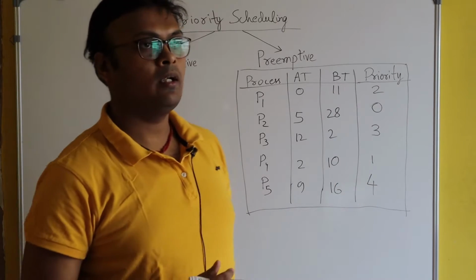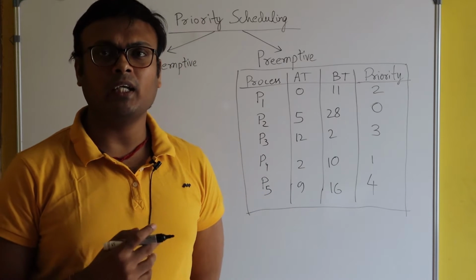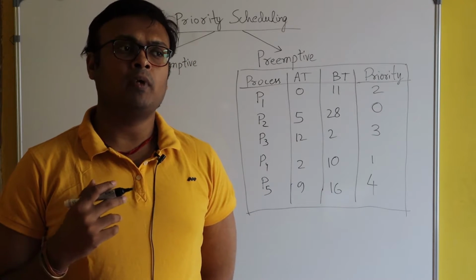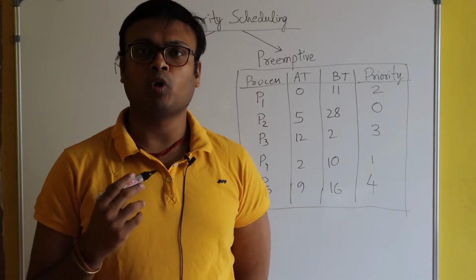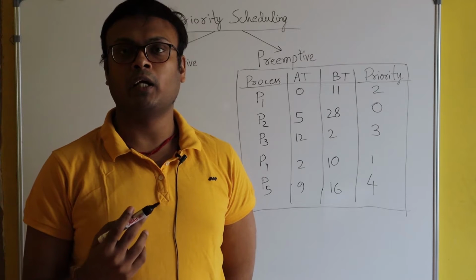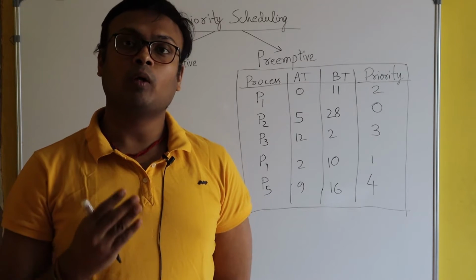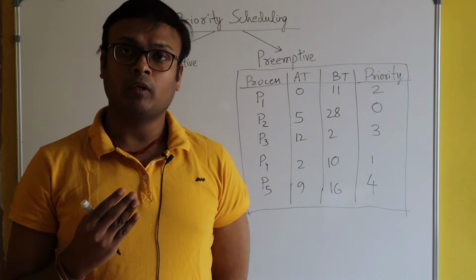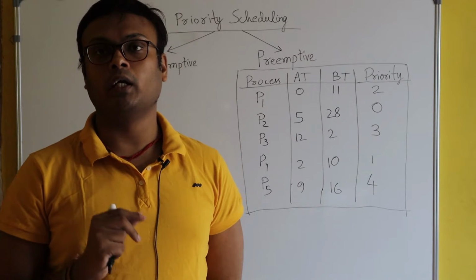In this way we take it, but in the examination they will definitely specify it. They may mention in the question that the process with lower priority number will be given higher priority, or that the process with lower priority number will be given lower priority, and then you have to solve the question accordingly.